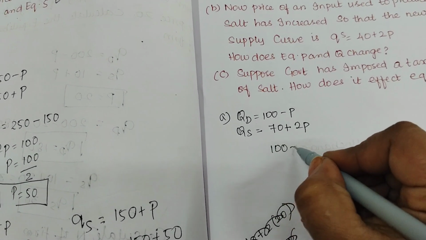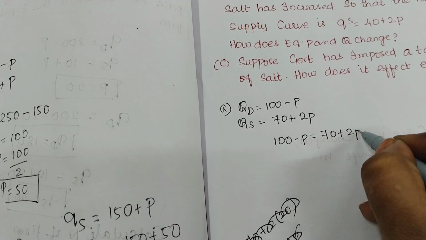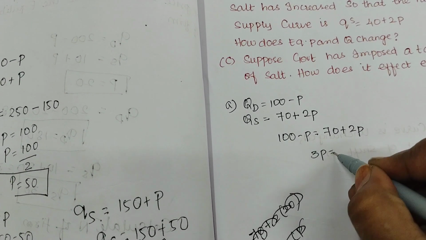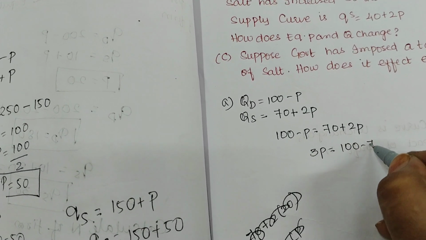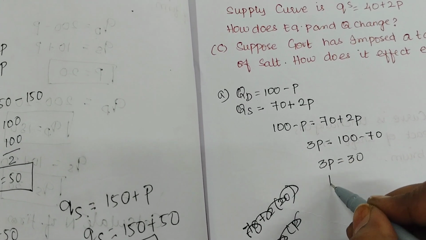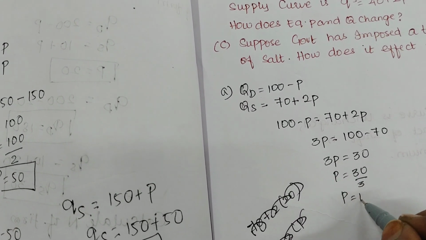So 3P = 100 - 70. So 3P = 30, P = 30 divided by 3, P = 10.